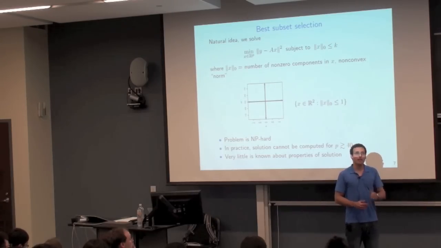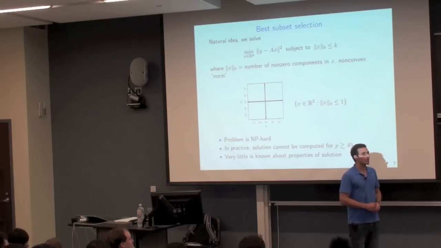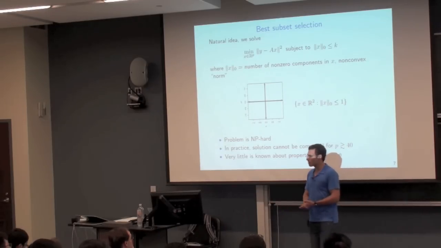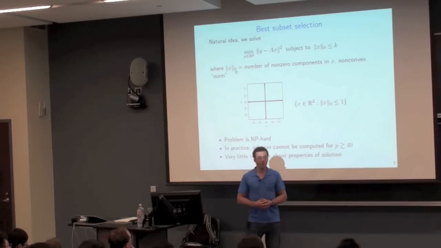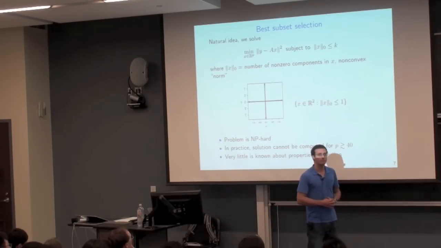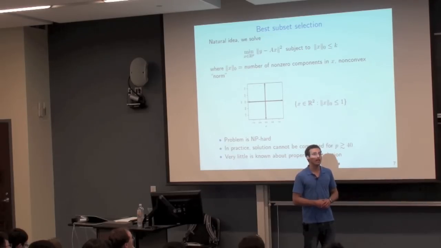Well, I want at most 50 out of 2,000 or 20,000 predictors to be non-zero in my linear model. And this notation here, the x with the 0 norm around it, just counts the number of non-zero components. So it's not convex, and I'm calling it a norm in parentheses because it's not really a norm either. It's missing one property of a norm.